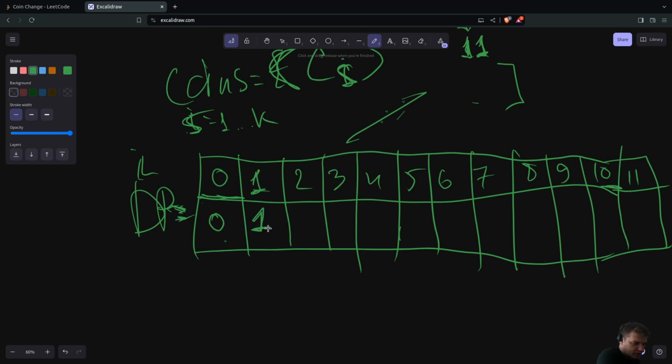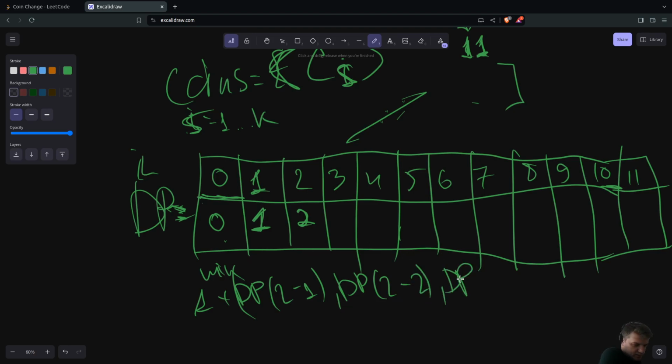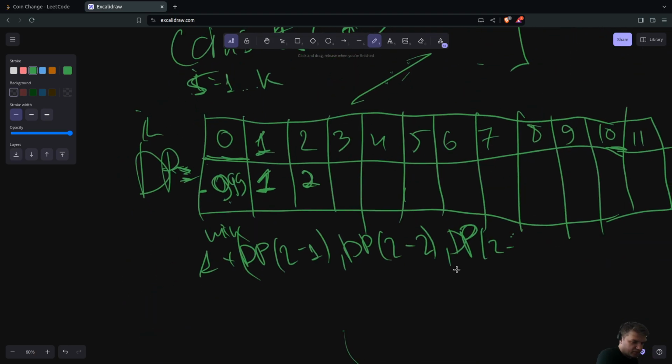To get 2, I need 2 combinations, because it's going to be 1 plus the minimum of dp of 2 minus 1, dp of 2 minus 2, and dp of 2 minus 5.